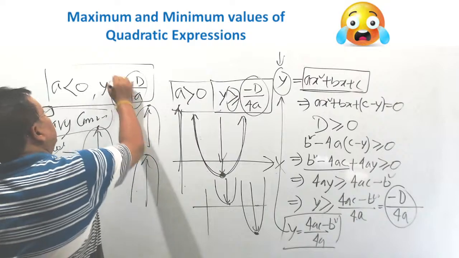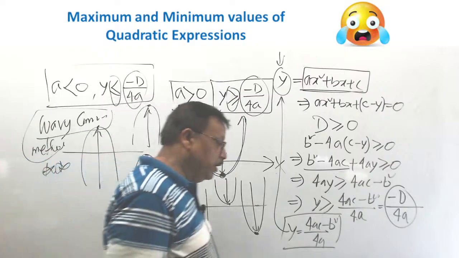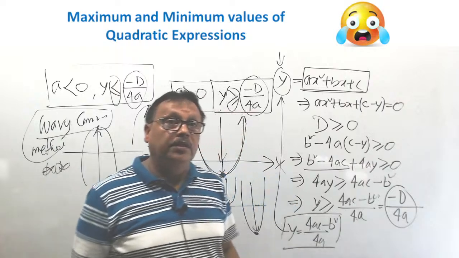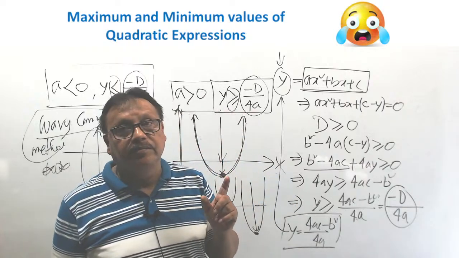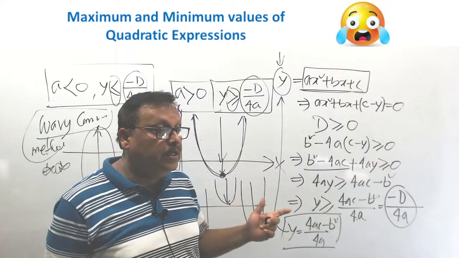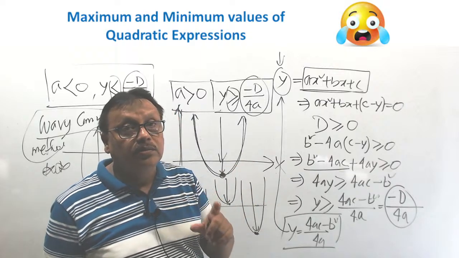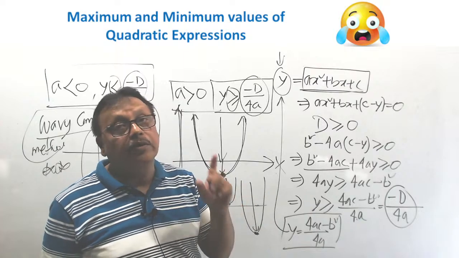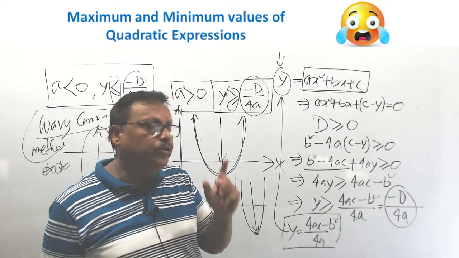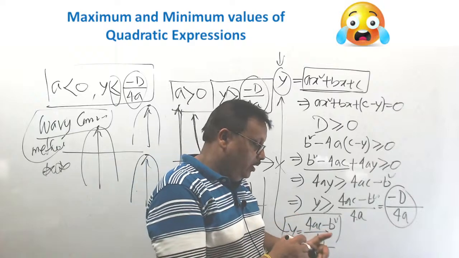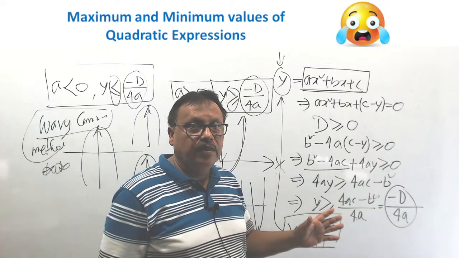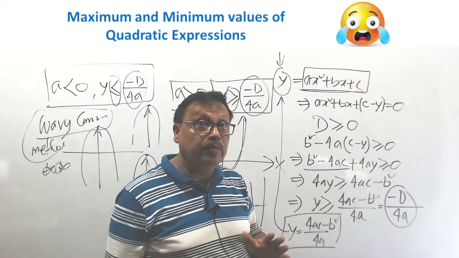For maximum and minimum values, you can use the OAB curve method. It is a tricky method. Some other day, I will try to make one class only for the OAB curve method. But not now; I will use the OAB curve for finding the maximum and minimum values.